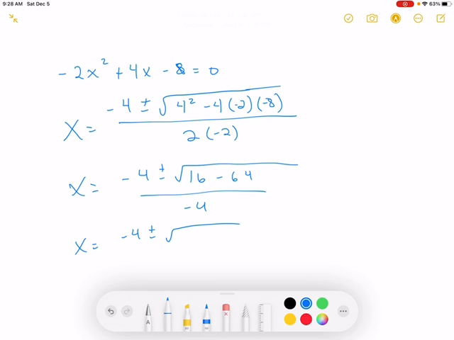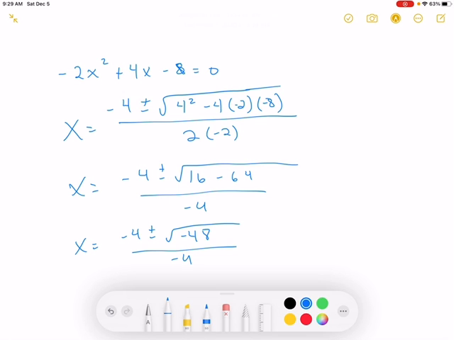16 minus 64. I think that is -48. -16 minus 64, -48. Okay.